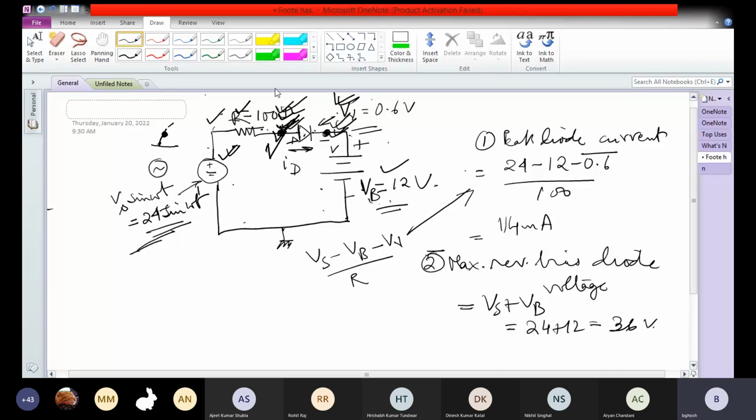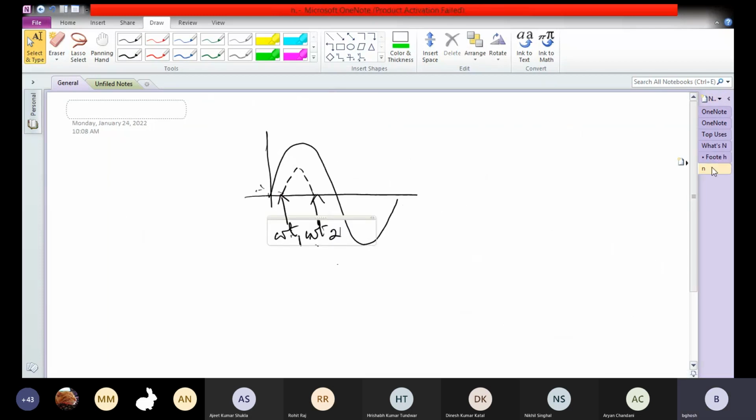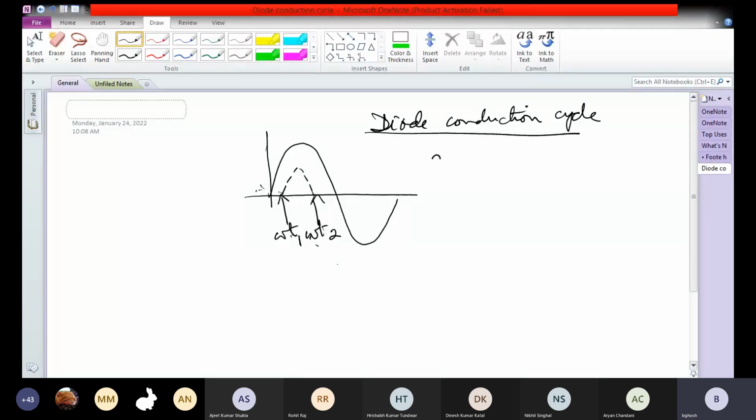Therefore, for the diode conduction cycle, we write 24 sine omega t1 equal to 12.6. Note that the drop across R is 0 because the diode has just started to conduct.